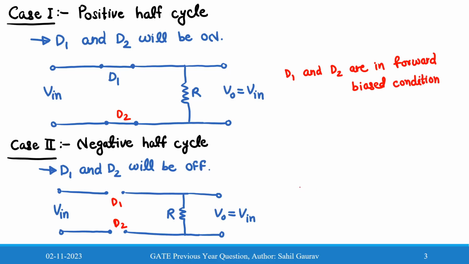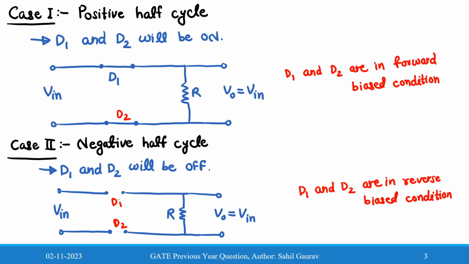And here D1 and D2 are in reverse biased condition. So during negative half cycle, D1 and D2 will be off.